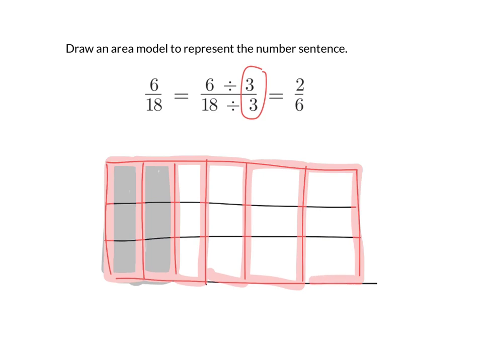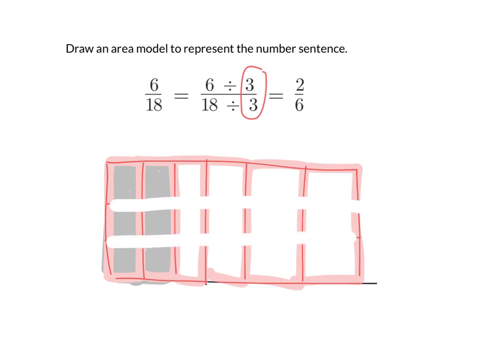When I do that, if I just look at the red lines, in fact, I could even erase these lines, right? Did I change the amount that's shaded in? Did I change the amount that's shaded in, guys? No. But now, instead of having 18ths, what size units do I have? 6, right?